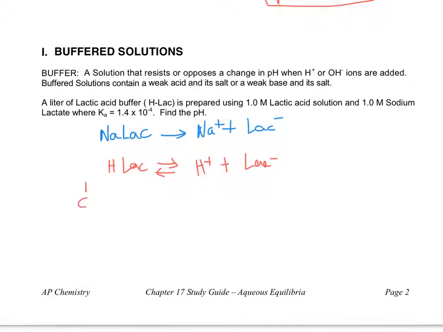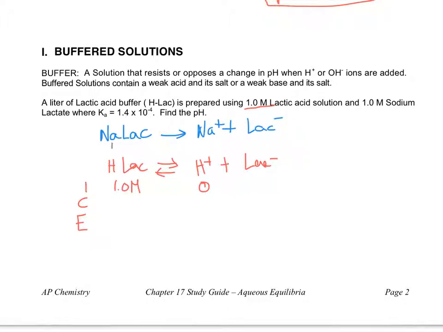Initially, my lactic acid is 1 molar, so I'm going to put that in. Initially, I don't have any H+. I don't have any lactate ions from the dissociation yet, but I do have lactate ion from the sodium lactate. It tells me that my sodium lactate is 1 molar.